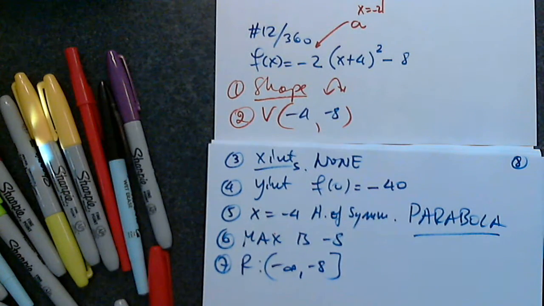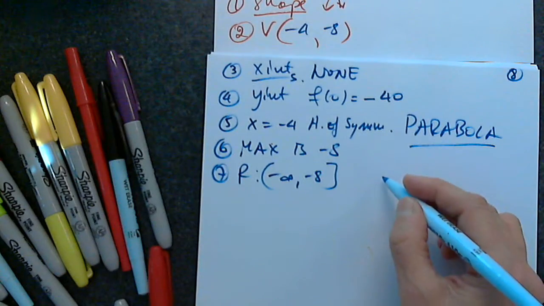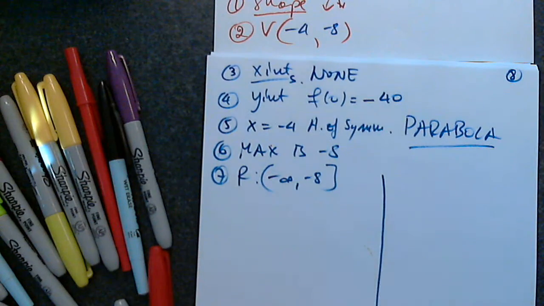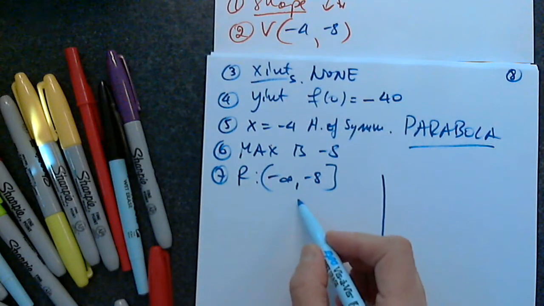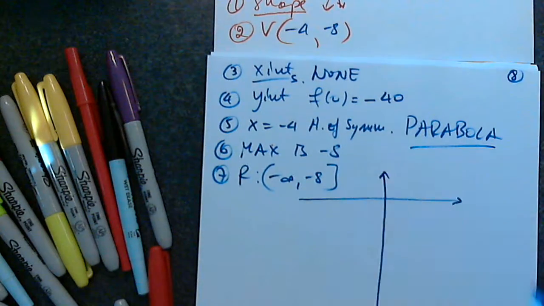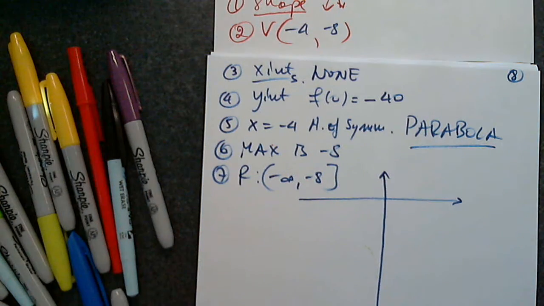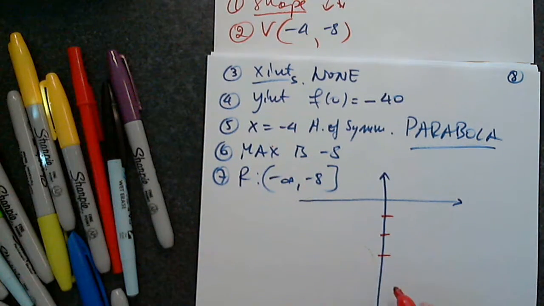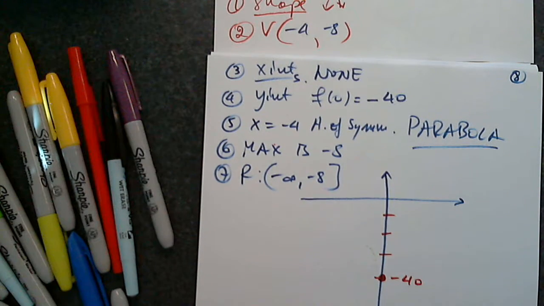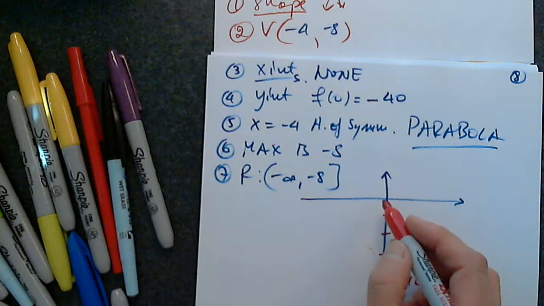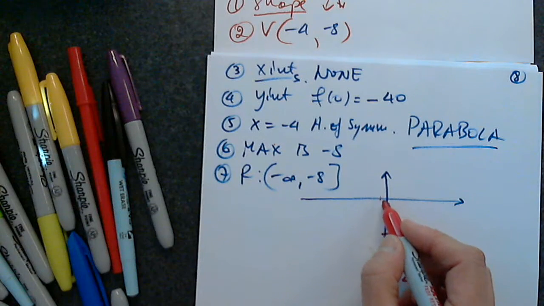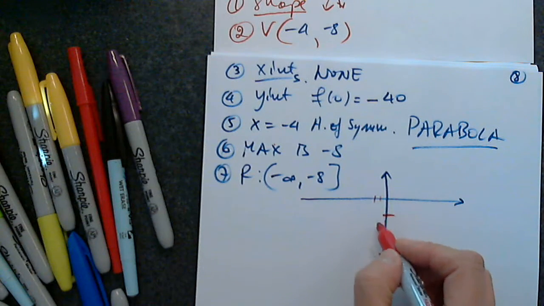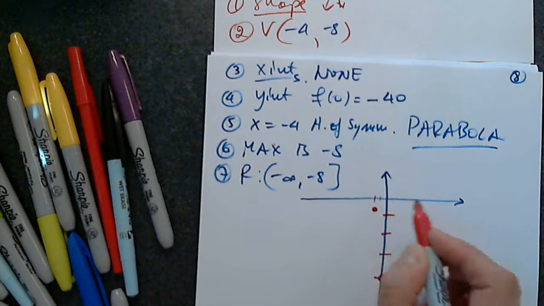Very good. So let's graph. Since the vertex is so low, I will plan ahead and do this. And -40, I'm going to say -10, -20, -30, -40. This is the y-intercept. -4, -8, the vertex.